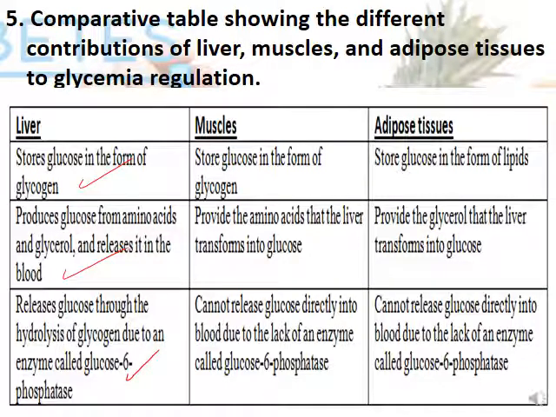Muscles store glucose in the form of glycogen, provide the amino acid that the liver transformed into glucose, cannot release glucose directly in the blood due to the lack of the enzyme glucose 6-phosphatase. And adipose stores glucose in the form of lipids, provide the glycerol that the liver transformed into glucose, cannot release glucose directly into blood due to the lack of the enzyme glucose 6-phosphatase. So this is the comparison between the different contribution of the liver, the muscles, and adipose tissues for glycemic regulation.